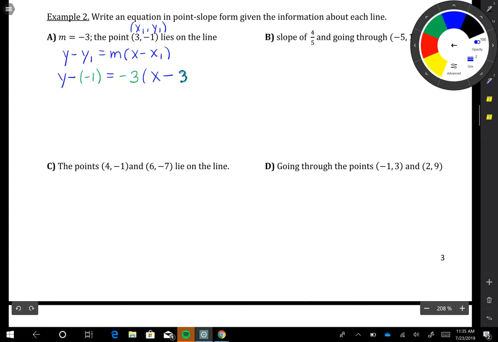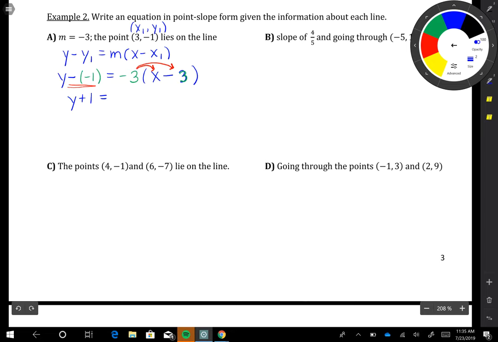Okay. Now, we basically have written point slope form, although we probably would not leave this as y minus a -1. That's going to change to y plus 1. And then what we want to do to move this into slope intercept form is distribute this -3 into the parentheses.